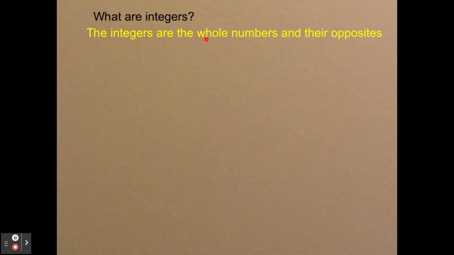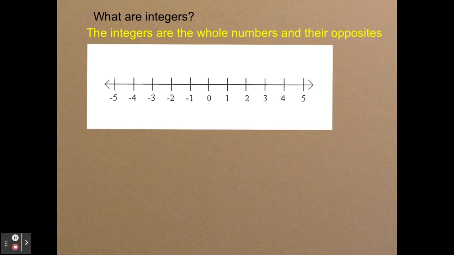The integers are positive and negative whole numbers. Here's a slightly more technical definition. So the integers are the whole numbers, 0, 1, 2, 3, etc., and their opposites, as in -1, -2, -3, etc. We can visualize integers on a number line like this. 0 is a whole number, so it's also an integer. 1 is a whole number, so it's also an integer. And the opposite of 1 is -1, so -1 is also an integer. 2 is a whole number, it's an integer. Its opposite, -2, is also an integer.